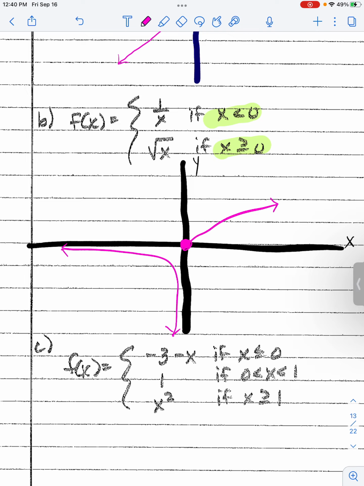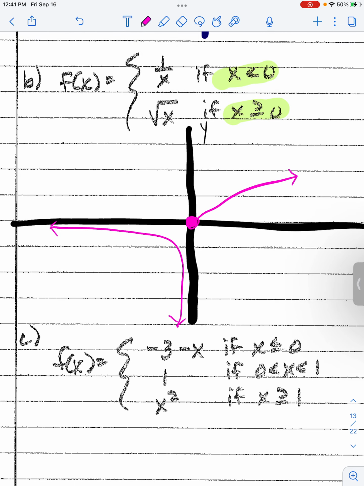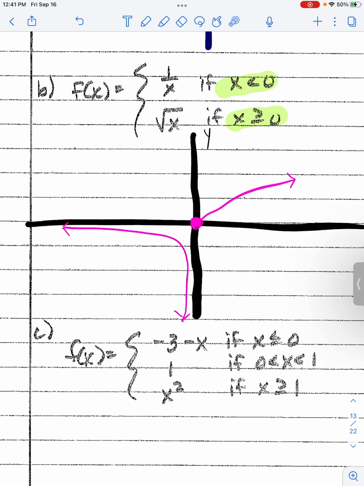Is there a discontinuity here? Yes, there is, okay? As I come to x equals 0 from the left, my graph dips down to y equals negative infinity.